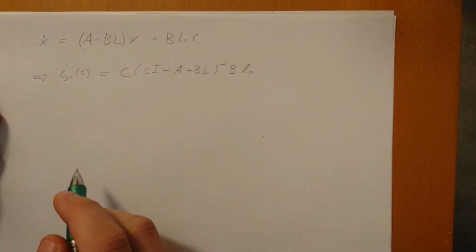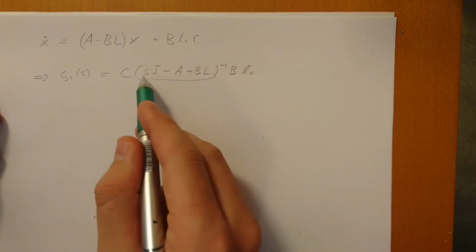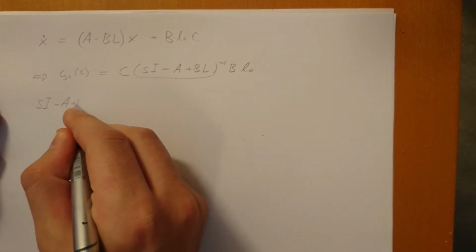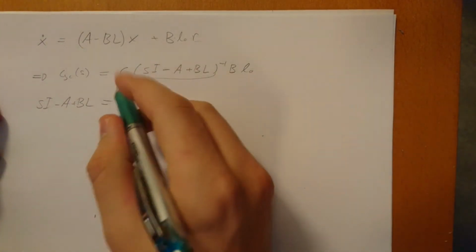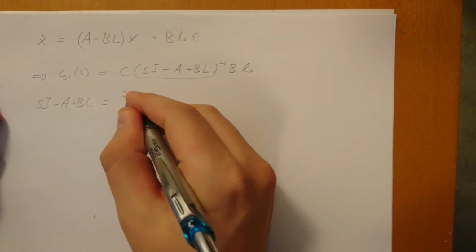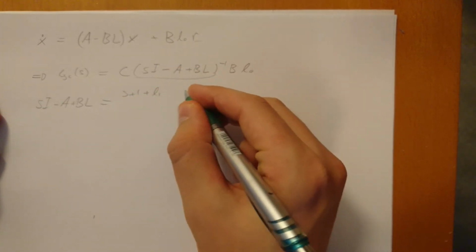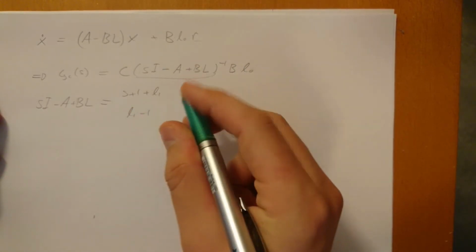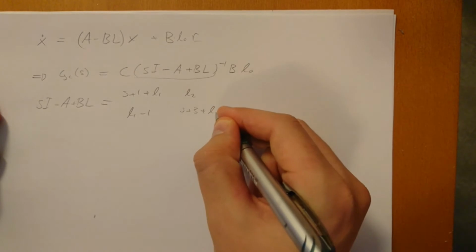Alright, so let's calculate this thing. We know that one already. sI minus A plus BL. And we found that this was equal to s plus 1 plus L1, L2, L1 minus 1, and s plus 3 plus L2.